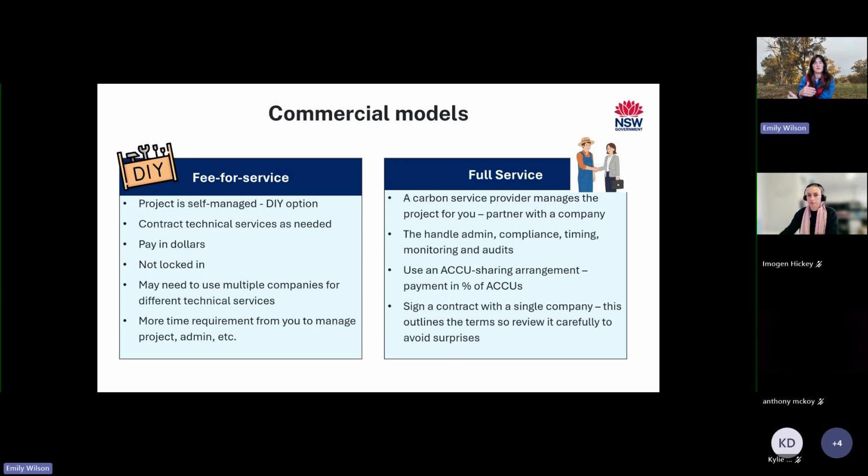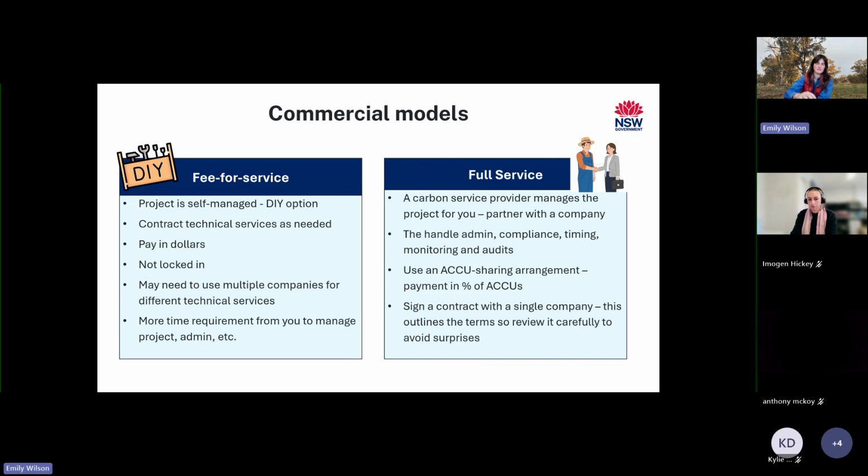And generally, there's a bit more of a profit sharing arrangement that will come into play here, where they might do those services for a portion or a percent of the credits that are made from the project. Generally, in this sort of setting, you'll sign a contract with a single company. This contract will outline the terms of the agreement and what's included, so just make sure to review it carefully to avoid any surprises.